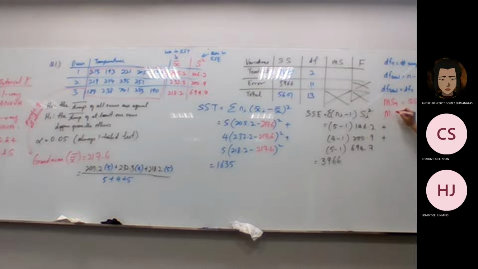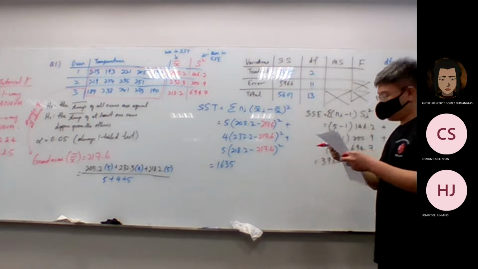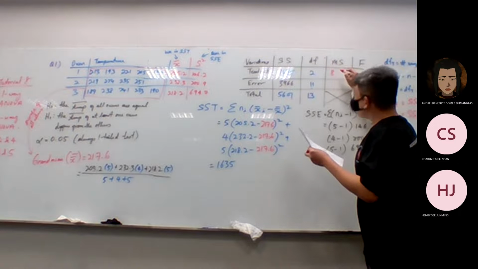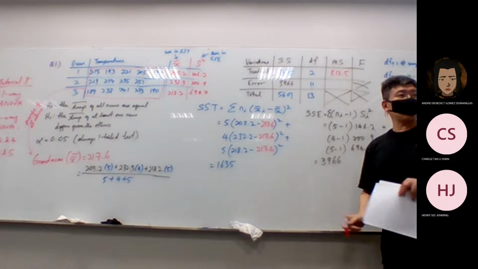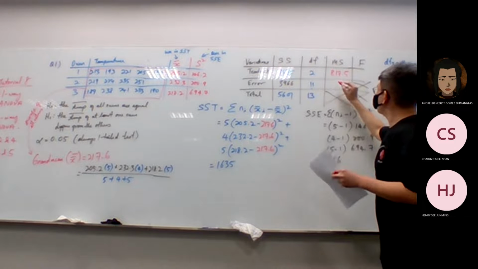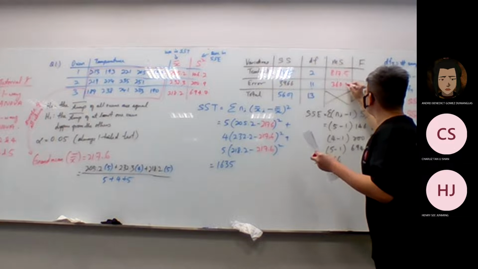And the mean sum of square for error is the sum of square for error divided by degrees of freedom for error. So it's 1635 divided by 2, you get 817.5. 3966 divided by 11, you get 360.5.